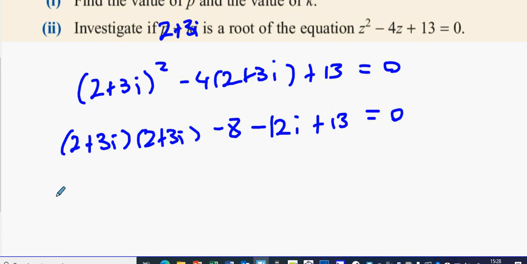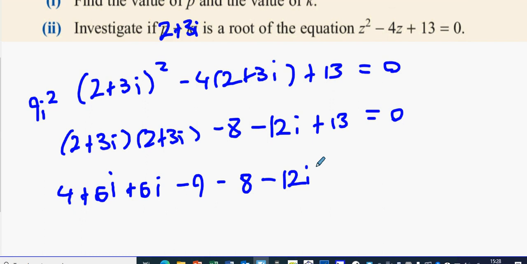And then we get 4 plus 6i plus 6i, 9i squared, which is minus 9. You should have nothing but zeros when you do it out.